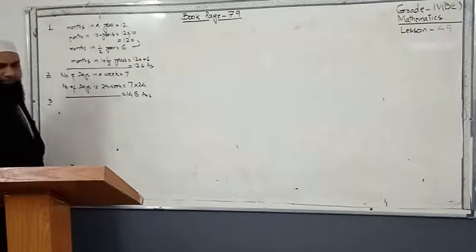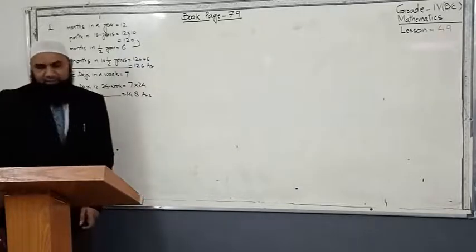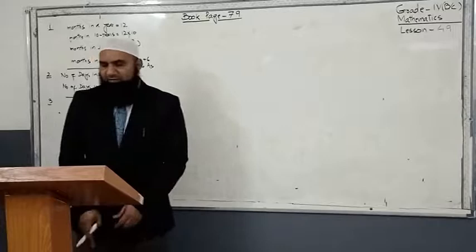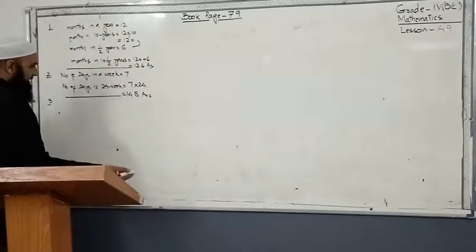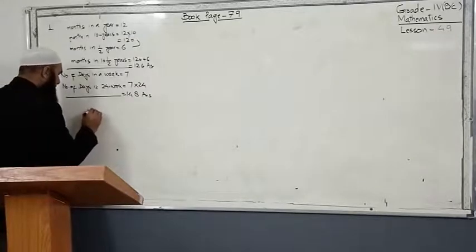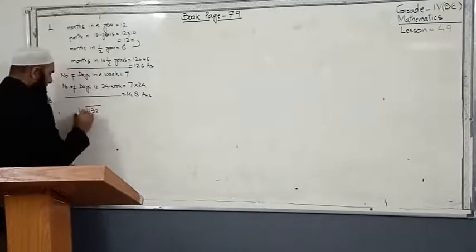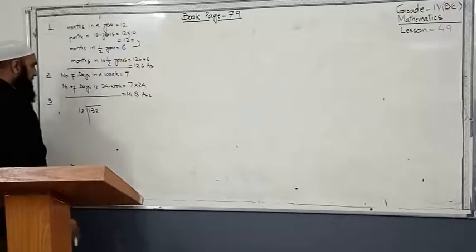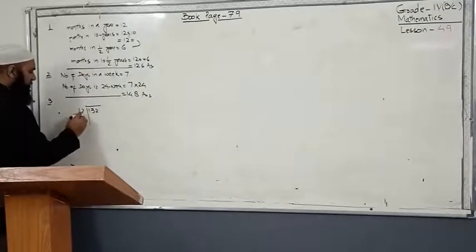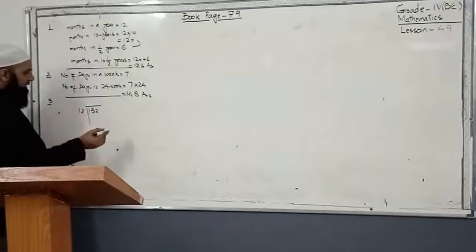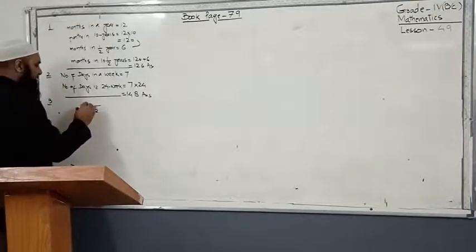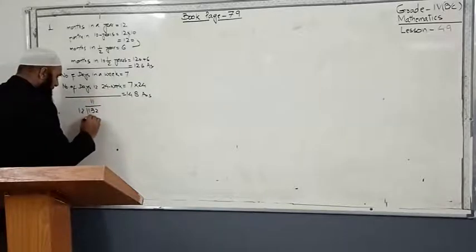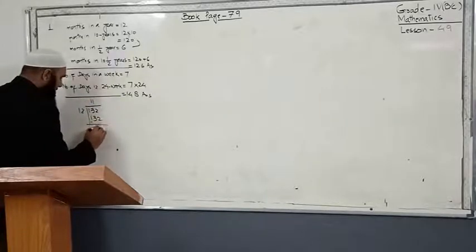Question number 3, 12 and which are the factors of 132? How can we find that? We will divide 132 by 12. So read the table of 12 up to 132. This will become 12 multiplied by 11 will be 132.